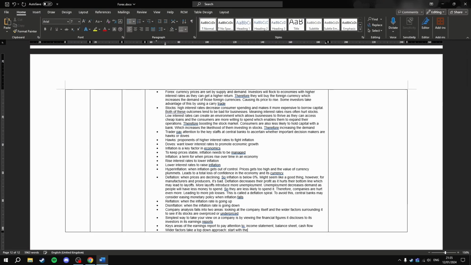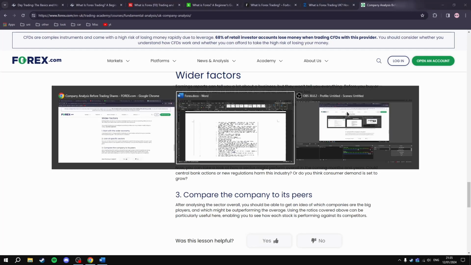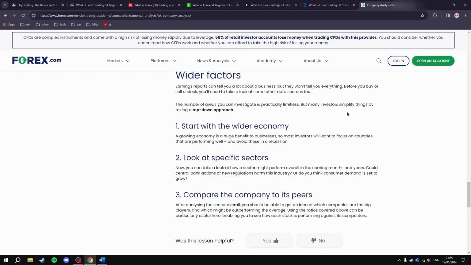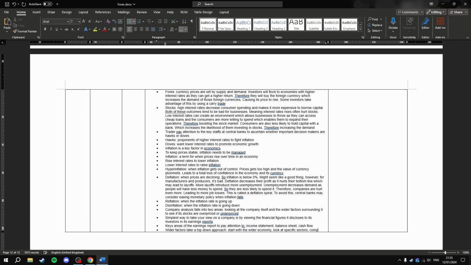Start with the wider economy, look at specific sectors, and compare the company to its peers.